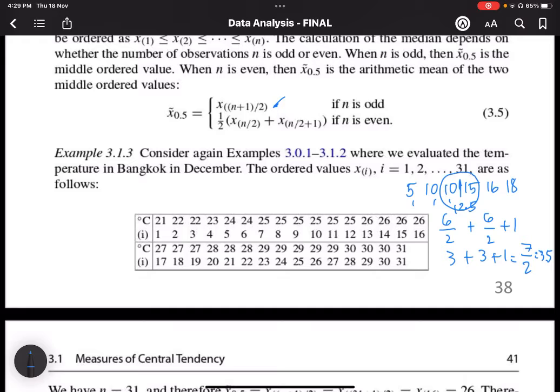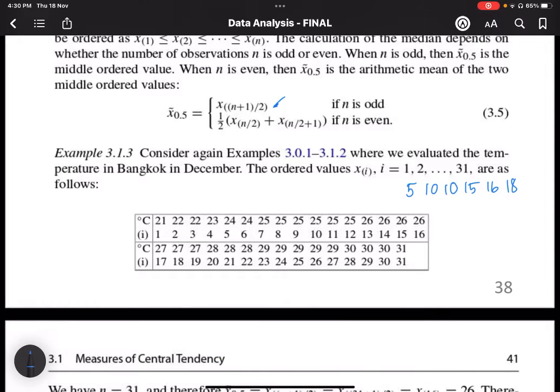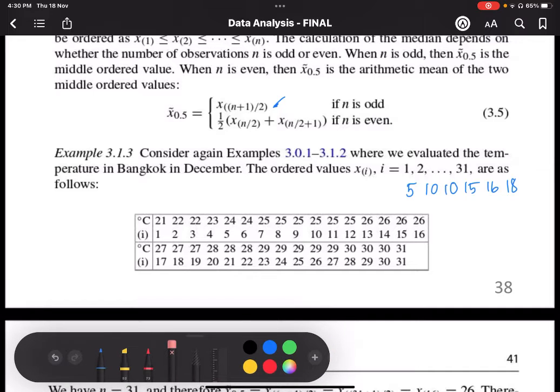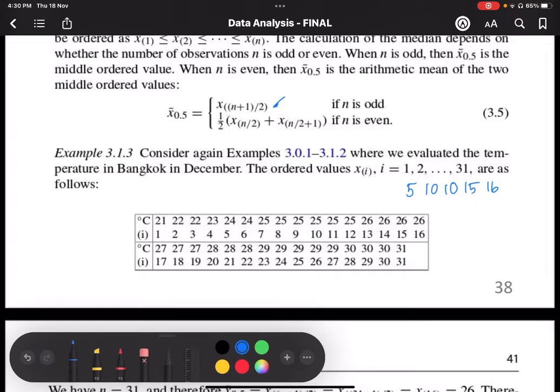Okay? So kung odd naman, we have a simple computation. So, for example, wala yung 18. So, ito ay 10. Wala si 18. So, we have 5, which is odd number yung ating data.